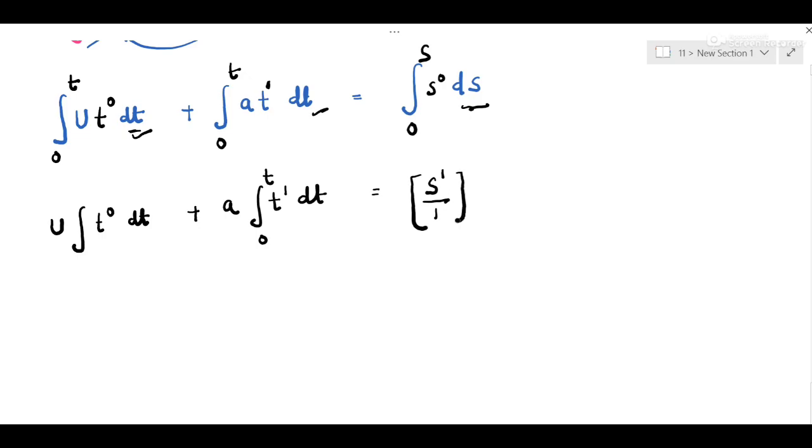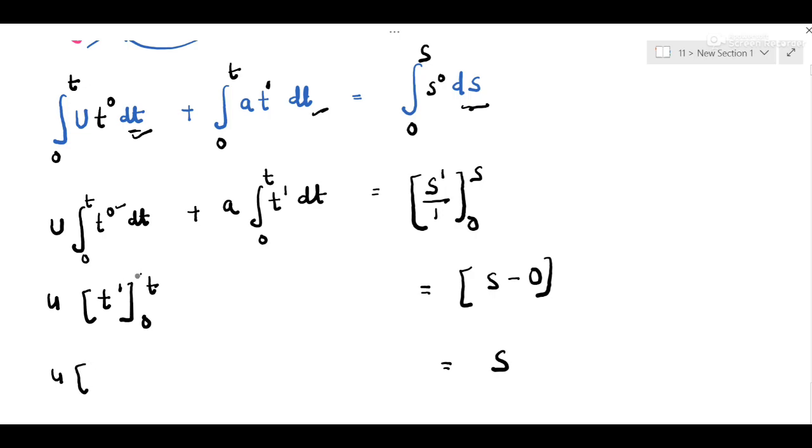Limits are from 0 to s. So on this side we can substitute upper limit minus lower limit. So the right hand side is ready as s. Let us see the left hand side. Limits are from 0 to t. So 1 power is increased, that is 0 plus 1 is 1, 0 plus 1 is 1 divided by 1. So 1, I am not writing.